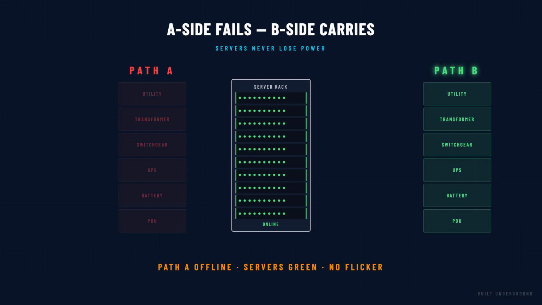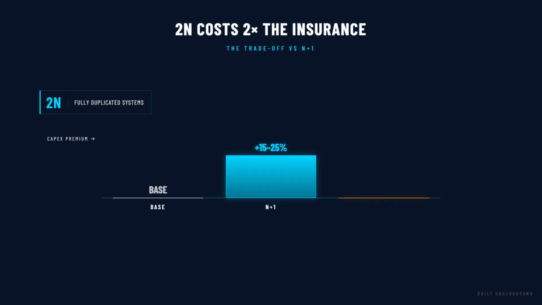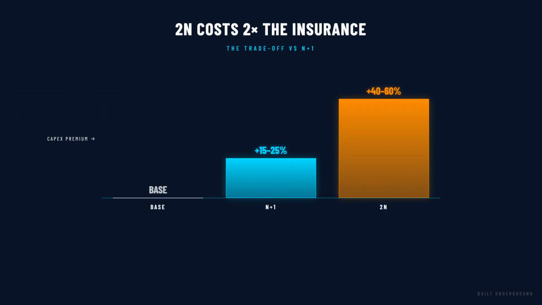The other sits there, waiting, costing money. Every day it is not needed, but the insurance is absolute. A 2N facility can survive the complete failure of an entire power path, including the utility feed, without any impact on operations. That is a level of resilience that N+1 cannot match.